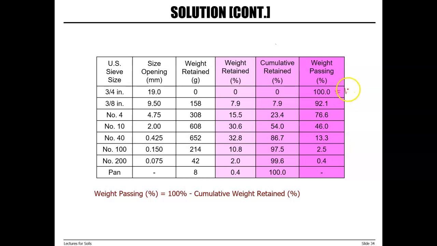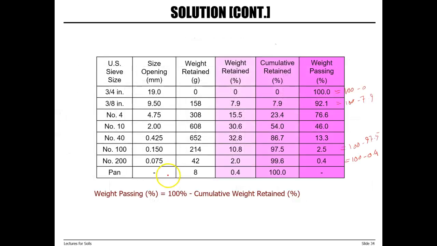So here it's 100 minus 0, 100 minus 7.9, 100 minus 97.5, and 100 minus 0.4. And that's our table.